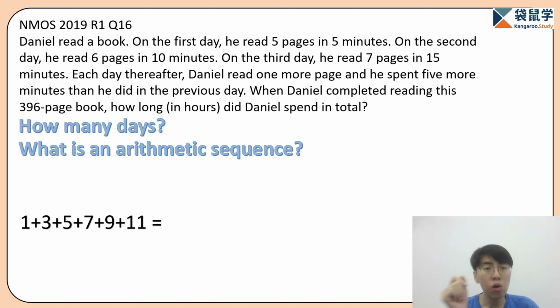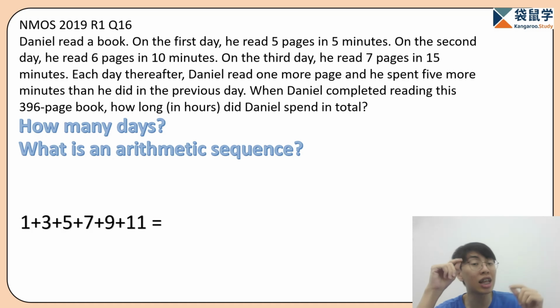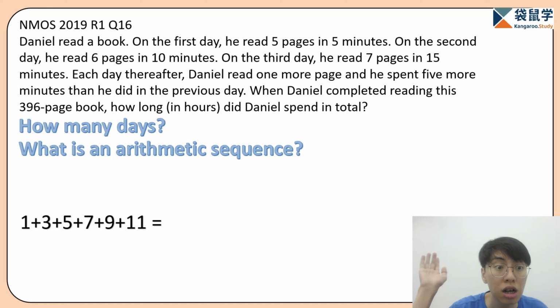Actually there is. We see the first and the last number, 1 and 11, if we add them up together, 12. Then 3 and 9, the second largest and the second smallest, sum up to 12 also.